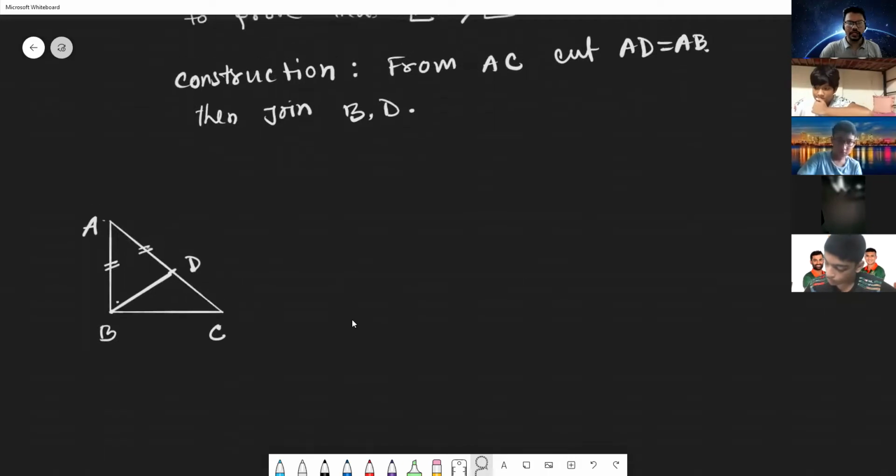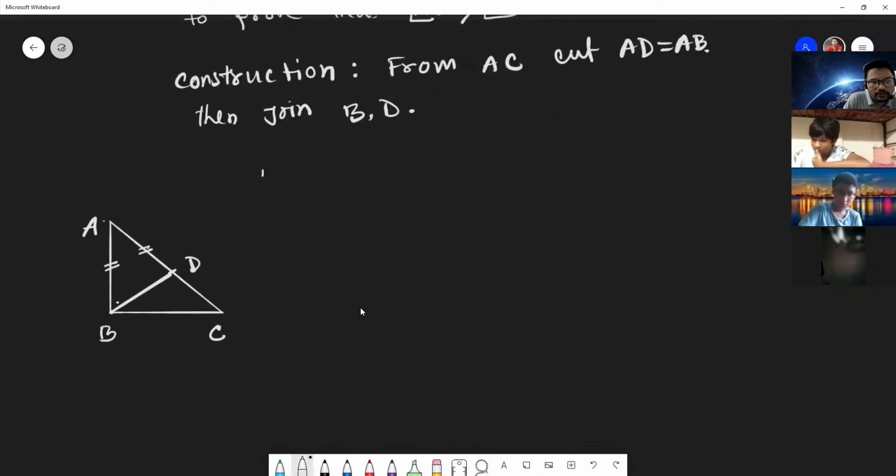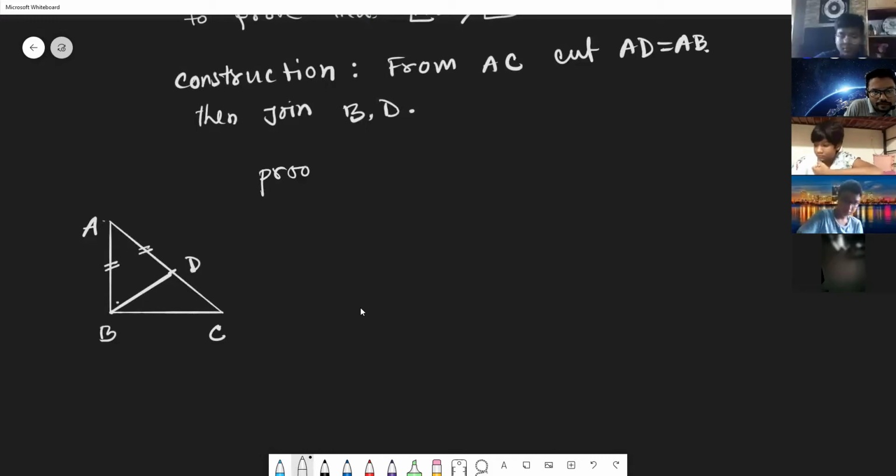So now we can write the proof here. What is the name of the triangle ABD? Anyone? Isosceles triangle. Why do you think it's an isosceles triangle?